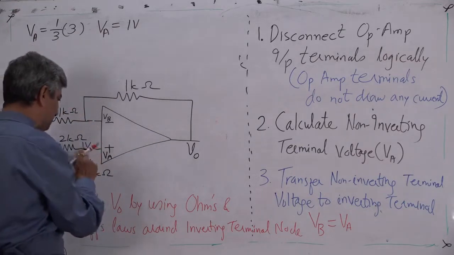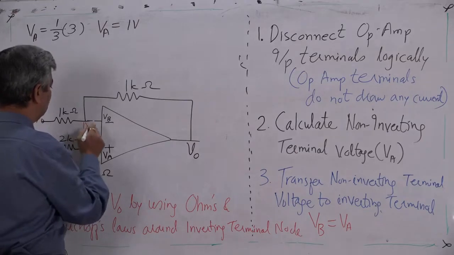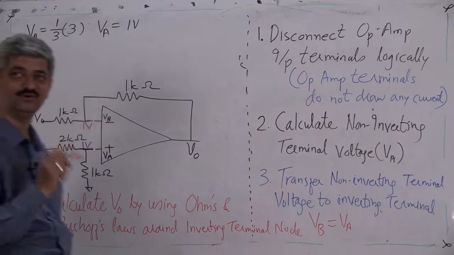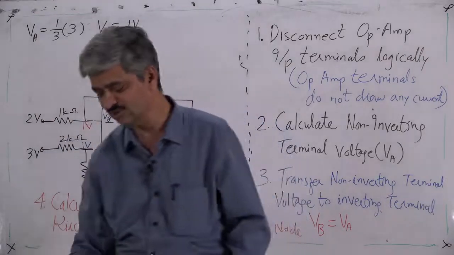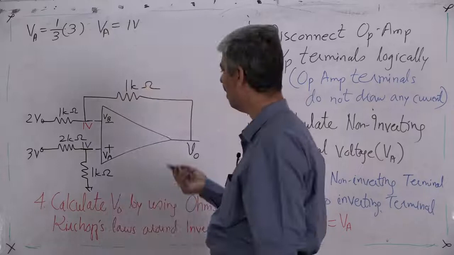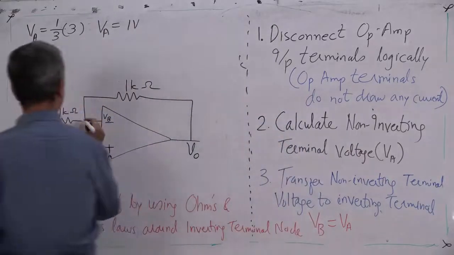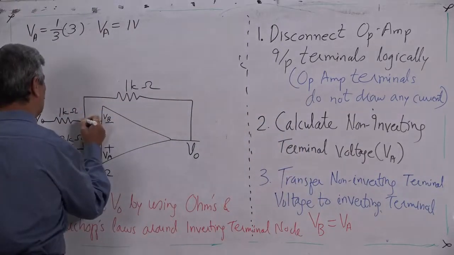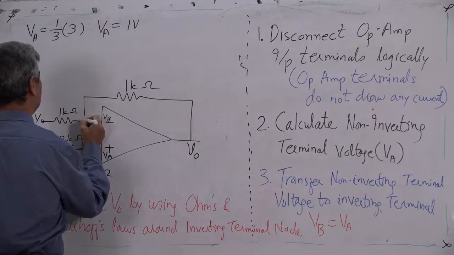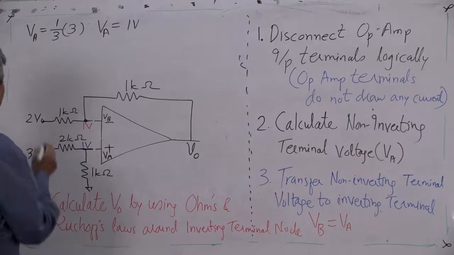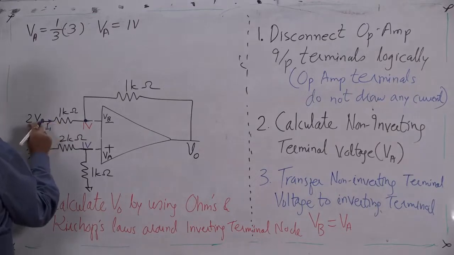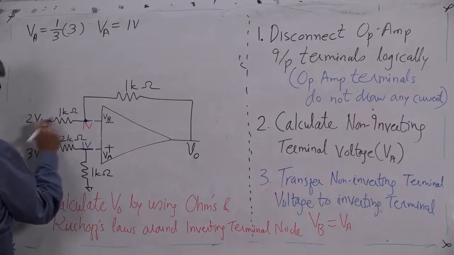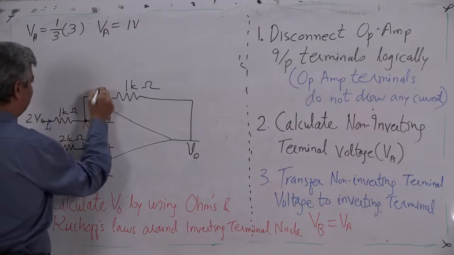Then transfer this 1 volt to the inverting terminal, 1 volt. And now by Ohm's and Kirchhoff's laws, calculate VO. How? Just look at this. This is the most crucial node in the entire system because feedback comes here. Then this is I1 from this to this, and this is IF.